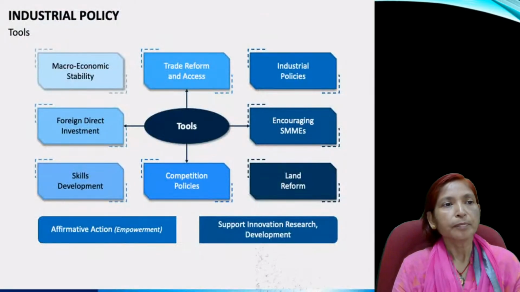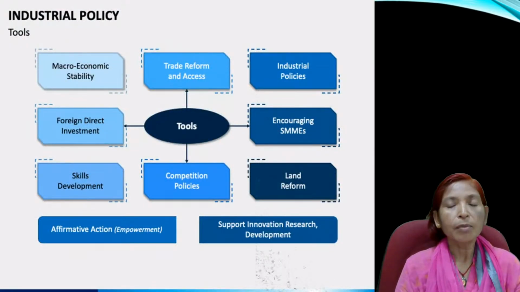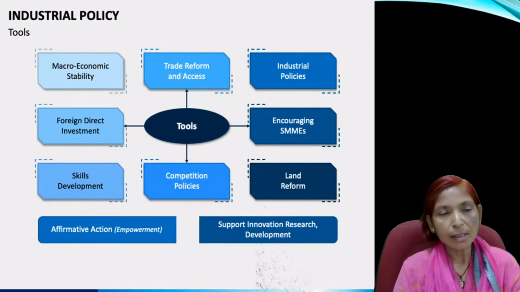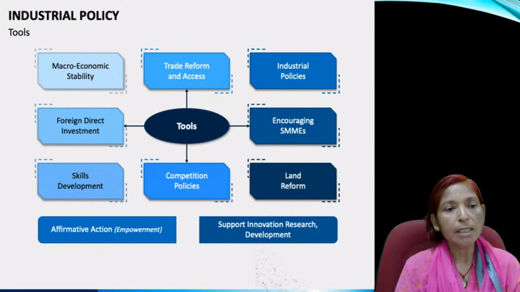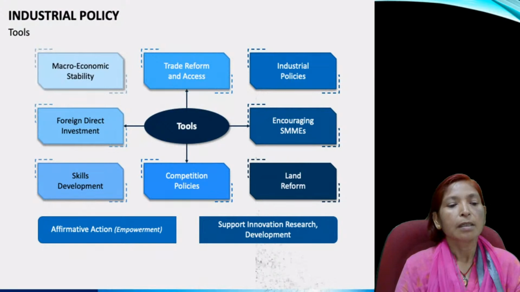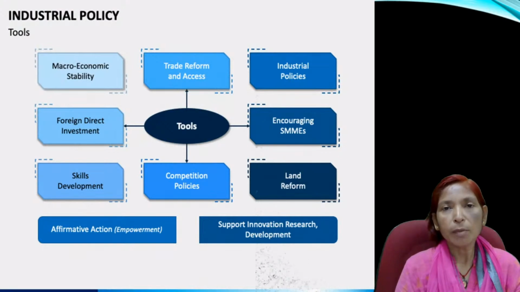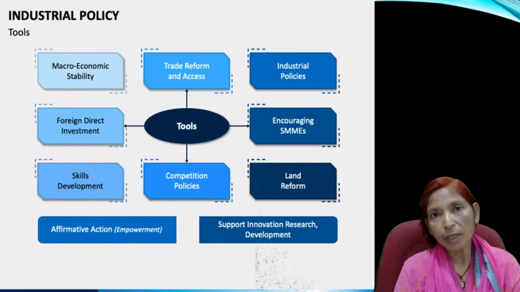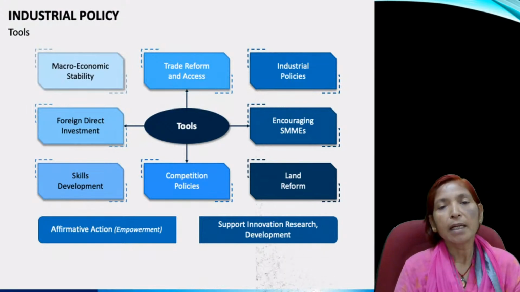Now next is, what are the industrial policy tools? There are some tools which are used while making industrial policies, like macroeconomic stability, foreign direct investment, skill development, and empowerment or affirmative actions, trade reforms and access, competition policies, industrial policies, encouraging small, medium, and large scale enterprises.